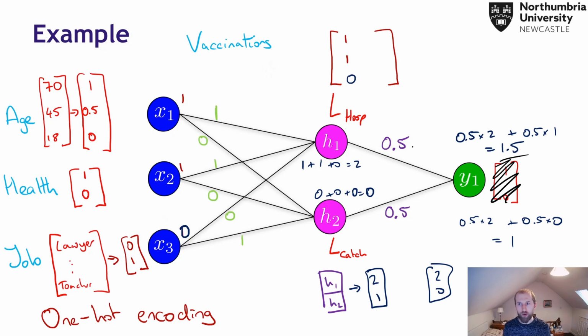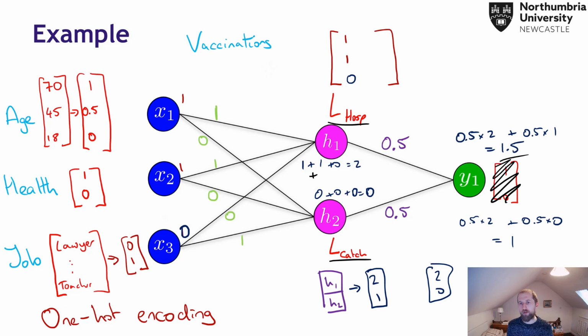Secondly, I haven't talked about biases to keep things simple, but for example, if you thought that the importance of hospitalization was greater than the importance of the likelihood of someone catching it, and if you had lots of these output classes or output nodes rather than just the one, you could add a bias on here. So instead of it being x1 w1 plus x2 w2 plus x3 w3, you would just add on a bias.